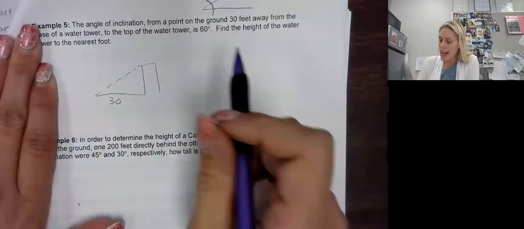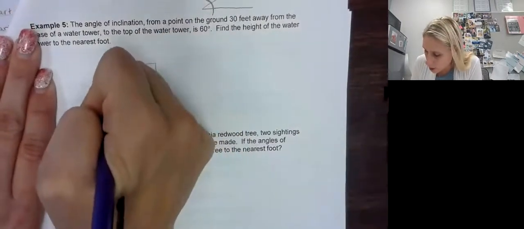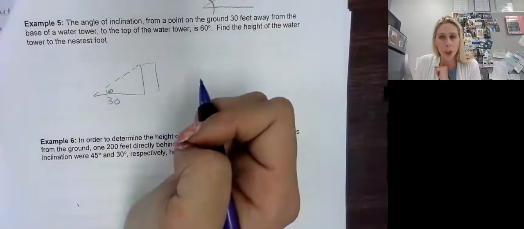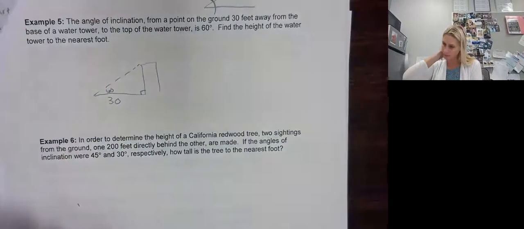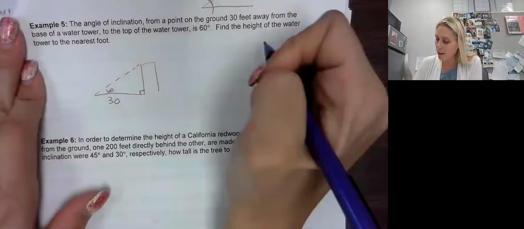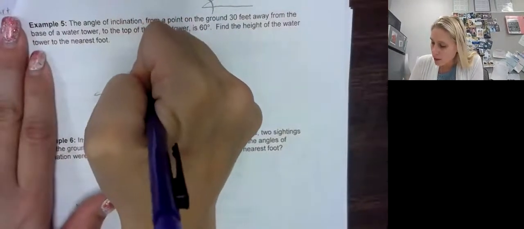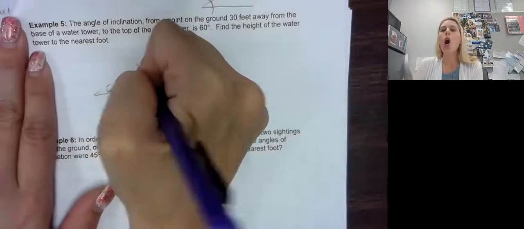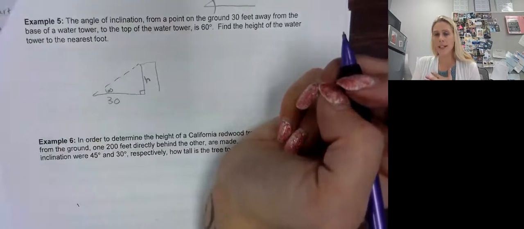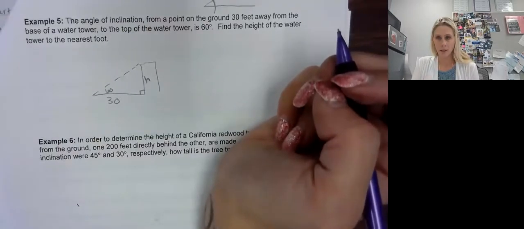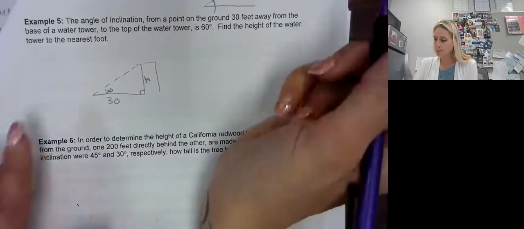Now it says the angle is 60 degrees. Now the water tower, hopefully we had some good engineers, right? Because this should be at a 90-degree angle. We're finding the height of the water tower. Now, the last two problems, we were finding all the missing parts. We don't have to in this case. We only have to answer the question. Okay, so keep that in mind.